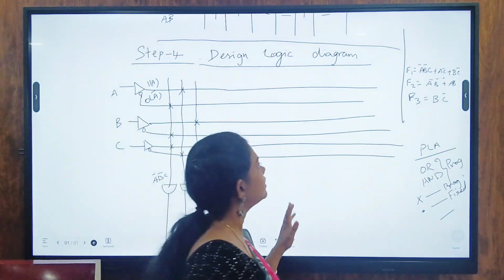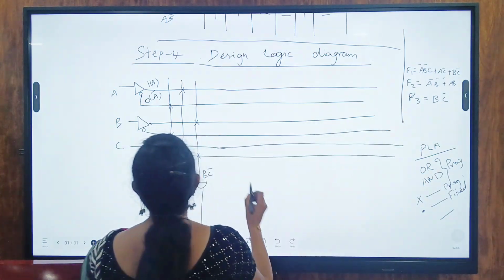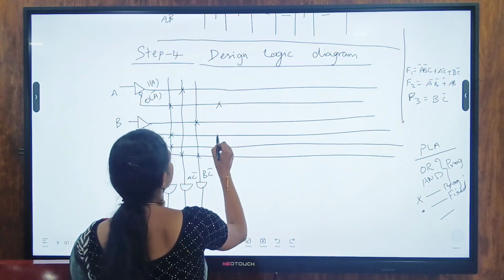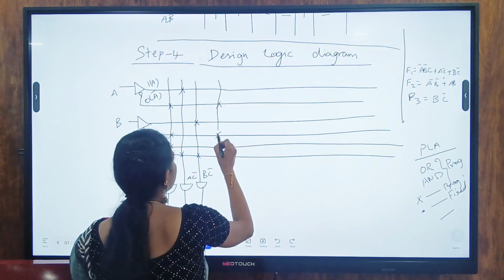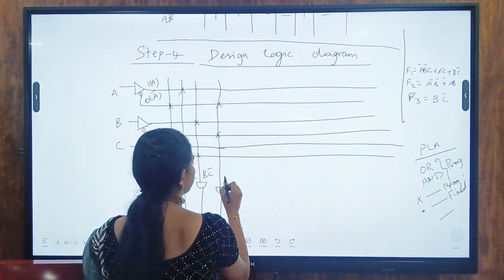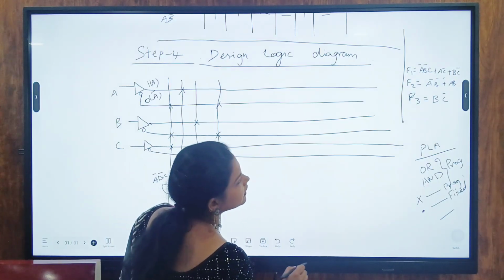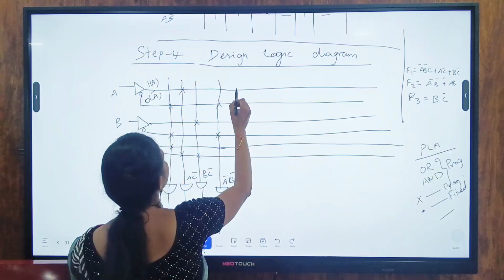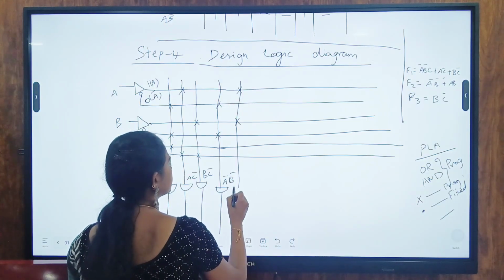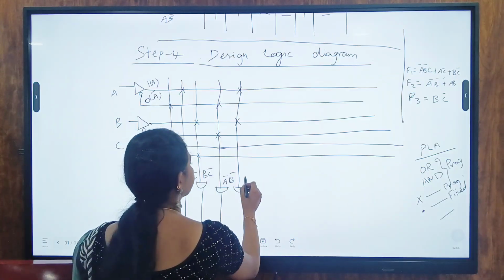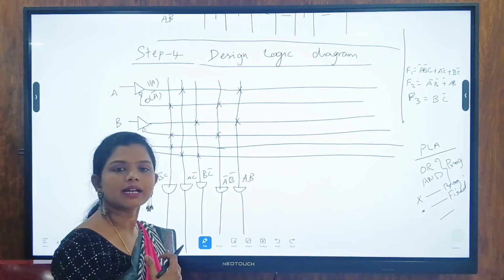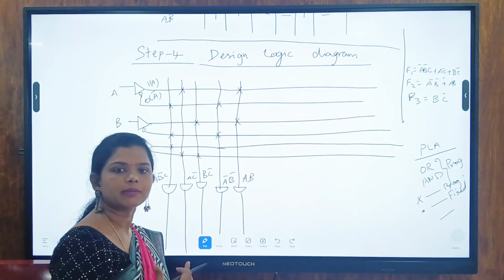Okay, so F1 is done. F2: A bar, B bar, then A, B. While plotting A bar and A, that is the variable and the complement of the variable, be careful.